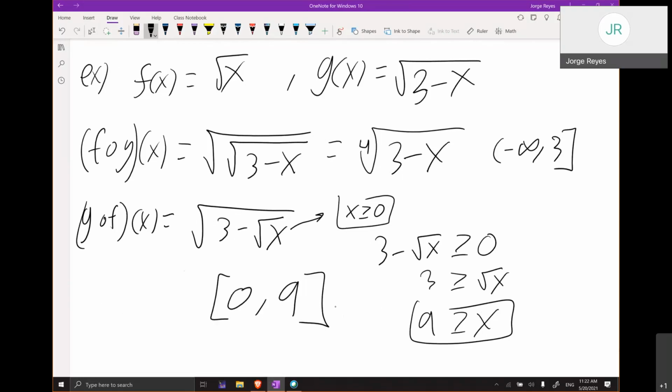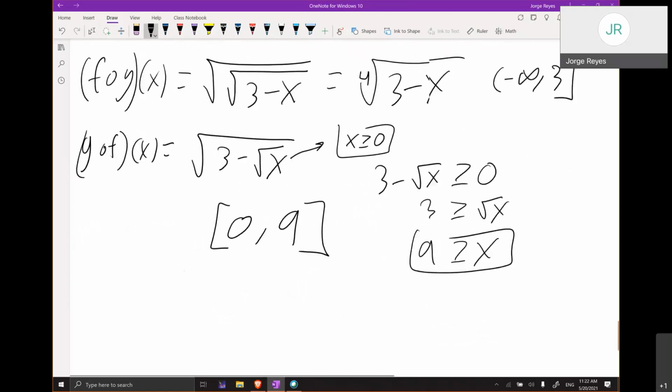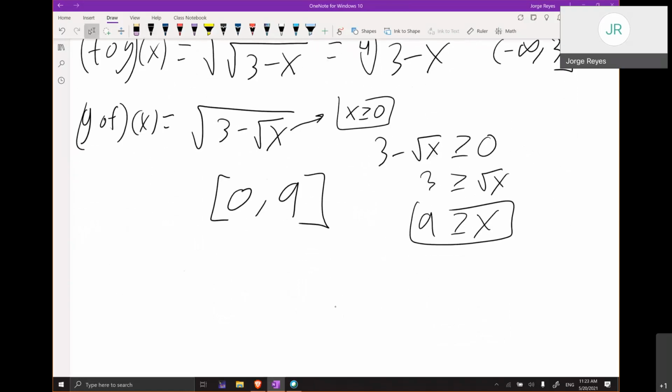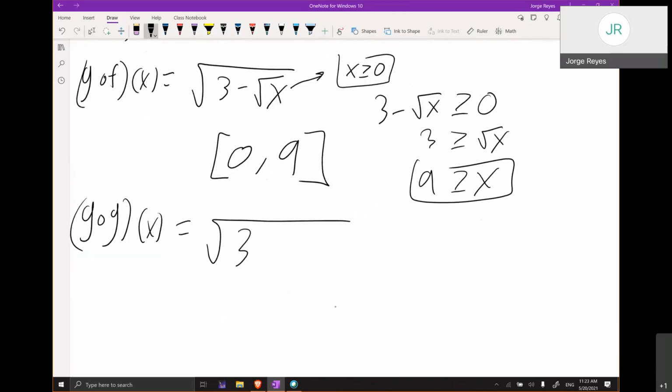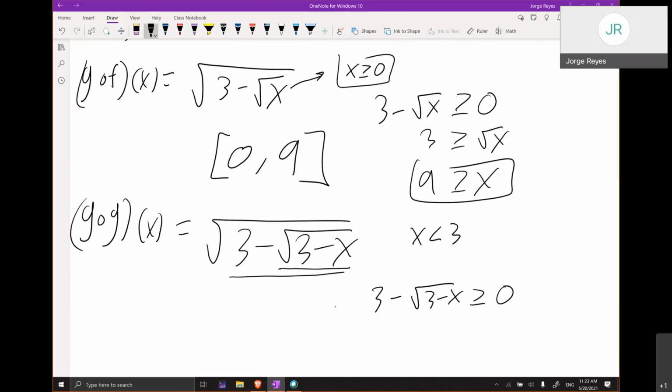And then just to get a little bit weird with it, wrapping up the section, we can do g of g. I can stick g inside of itself, which would be 3 minus square root of 3 minus x. And then we can see what happens. Automatically x needs to be less than or equal to 3 from here. But then we have to look at the whole thing. So 3 minus this thing is greater than or equal to 0.